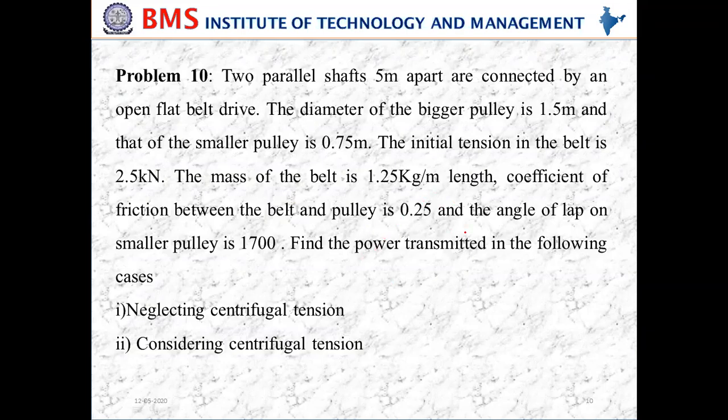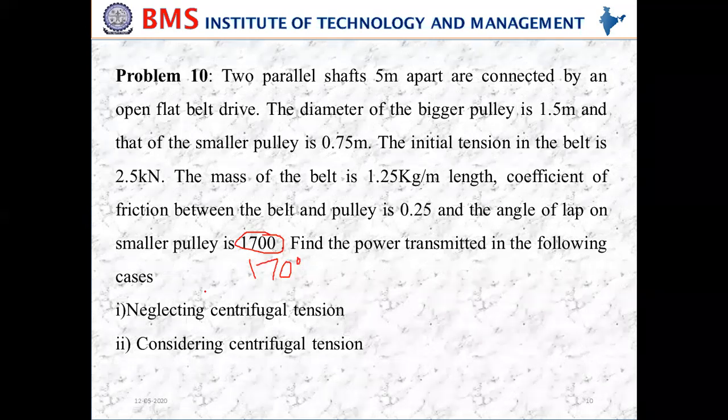And the angle of lap, the angle of contact, is given as 170 degrees. It's not 1700, it is 170 degrees. And the angle of lap on the smaller pulley is 170 degrees.